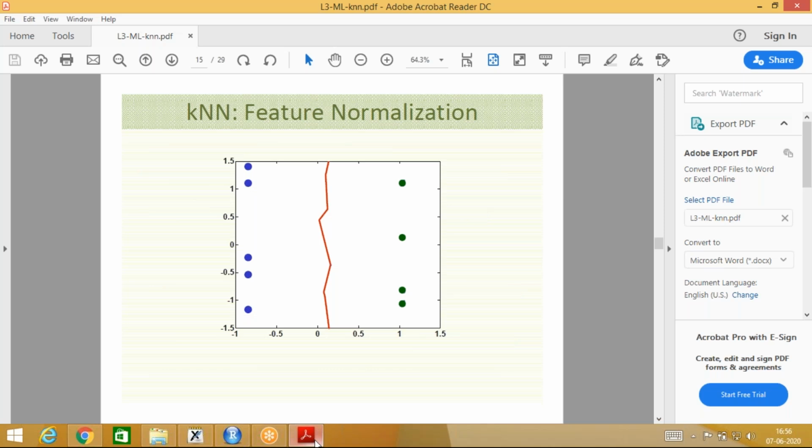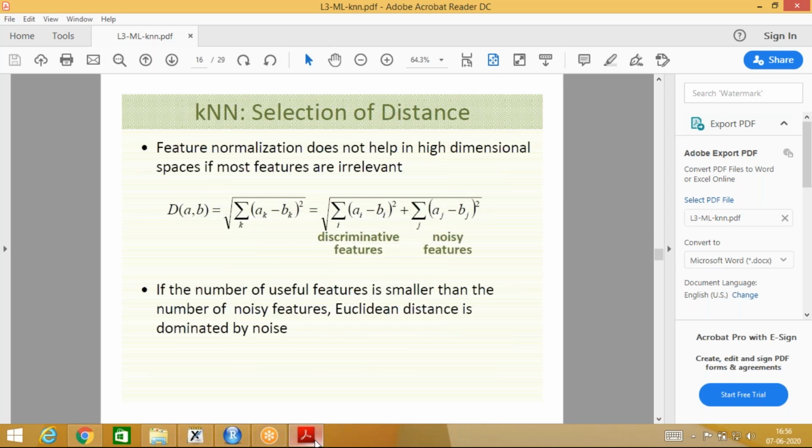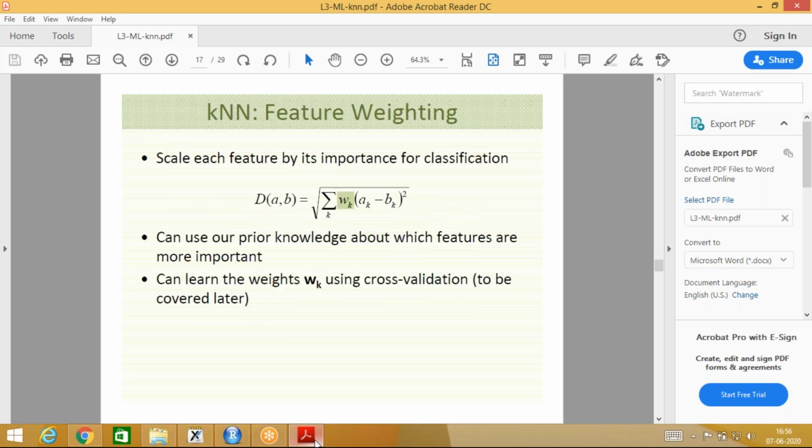Then we can separate discriminative features and noisy features. As I told just now, the noisy features are like your family income or your siblings' income. So we can actually give zero weightage to them, or we can put certain weightage. This is WK, and this WK can be learned through cross validation.